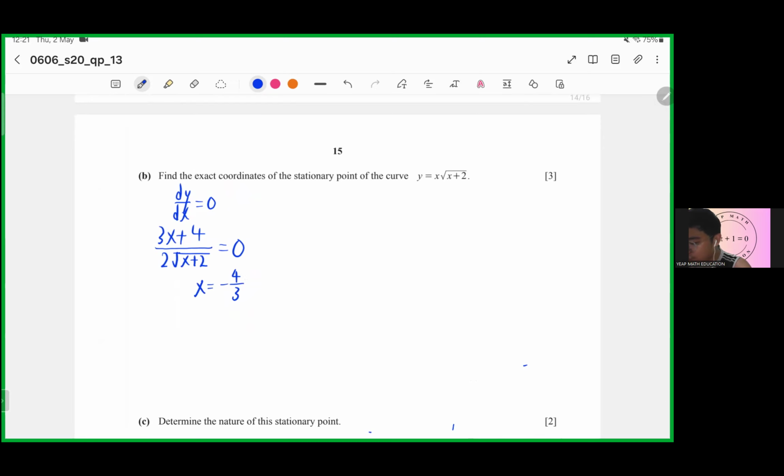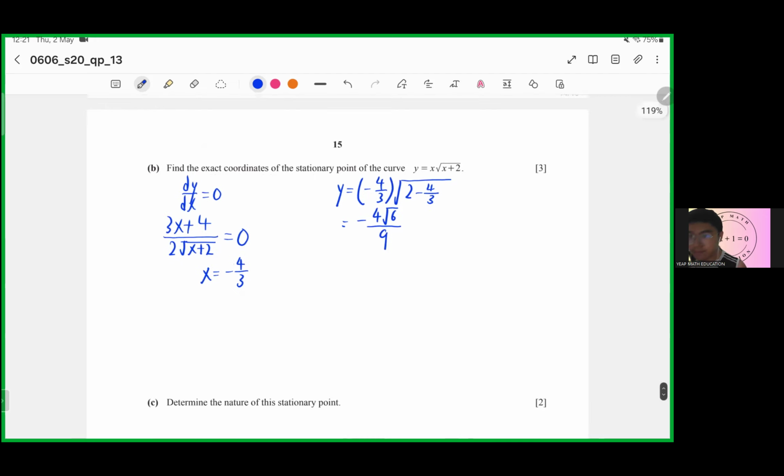After that we use this answer and put it into the equation, negative 4 over 3. So our answer is negative 4 over 3, negative 4 root 6 over 9.